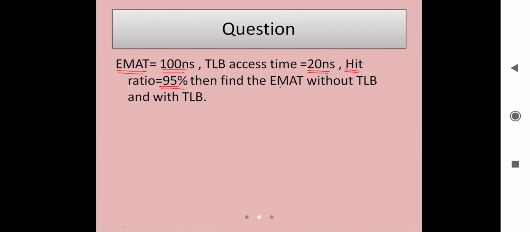Then find the effective memory access time without TLB and with TLB. Here it is not effective memory access time, I think it is main memory access time. So you assume it is main memory access time, that is 100 nanoseconds, not E.